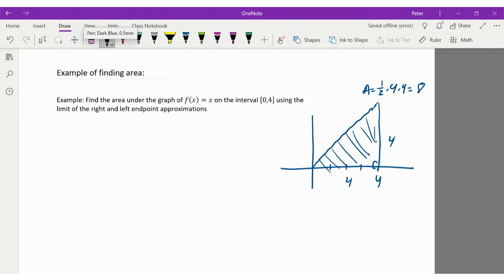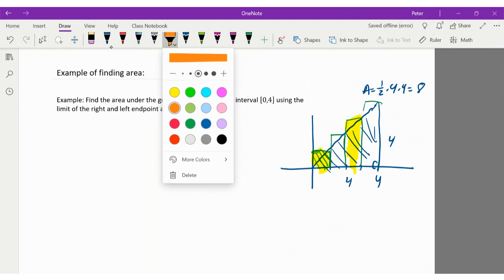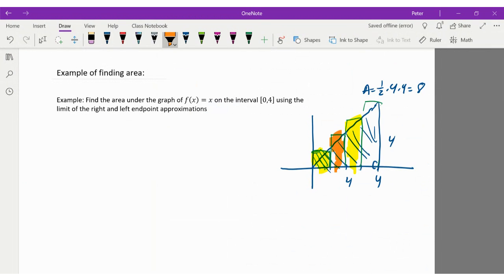Let's imagine that what I want to do instead is divide it into rectangles like this and just let the rectangles get infinitely skinny. You can see how 4 rectangles is clearly going to overshoot the area. But if instead we imagine infinity rectangles, I could get the exact area.